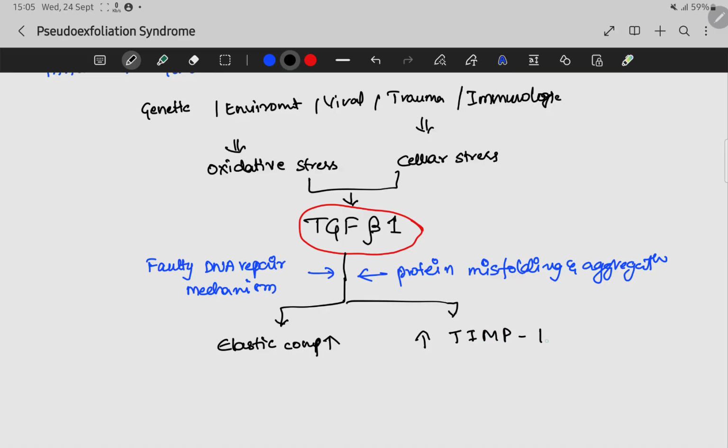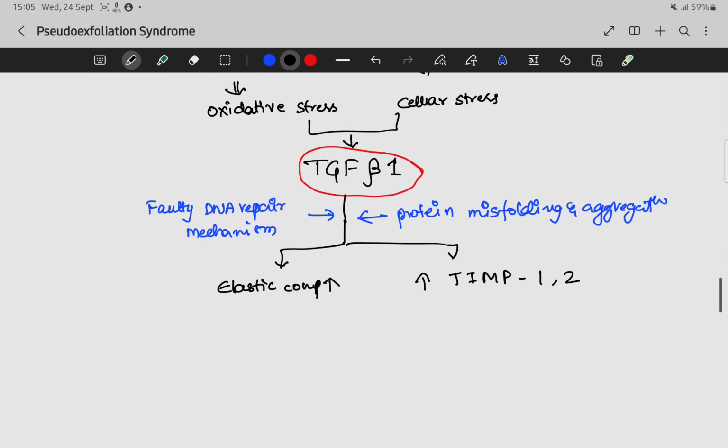and increased TIMP 1 and 2, that is tissue inhibitors of matrix metalloprotease. What this will do is increase matrix synthesis and reduce matrix degeneration, in turn leading to matrix accumulation.